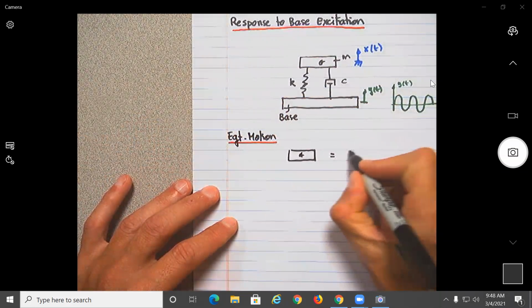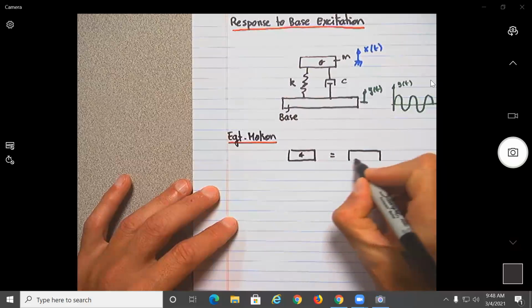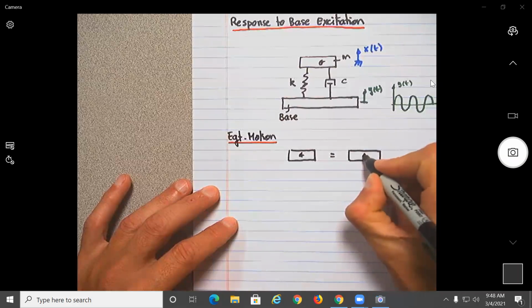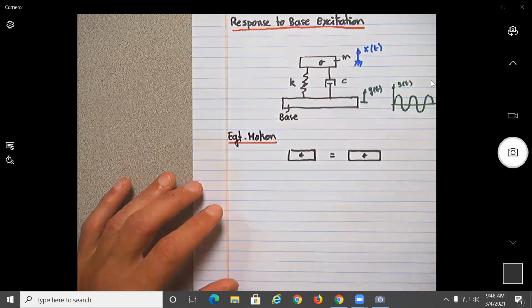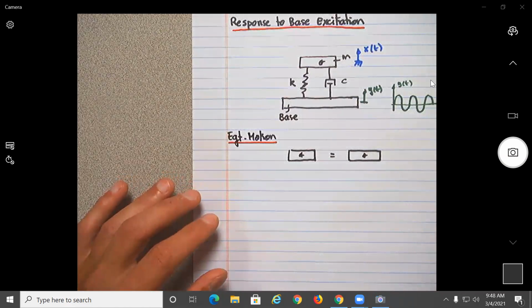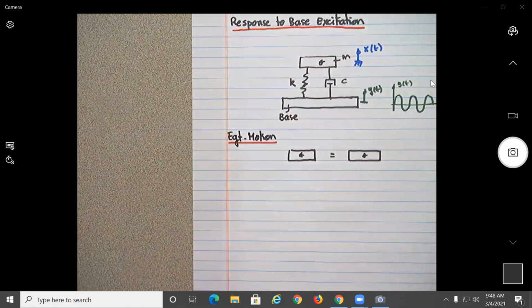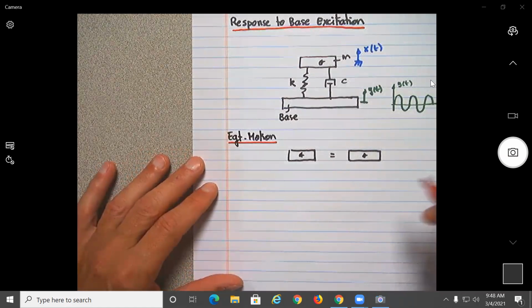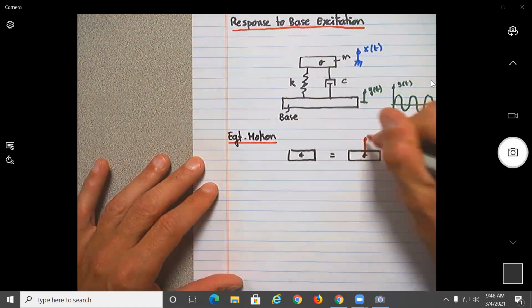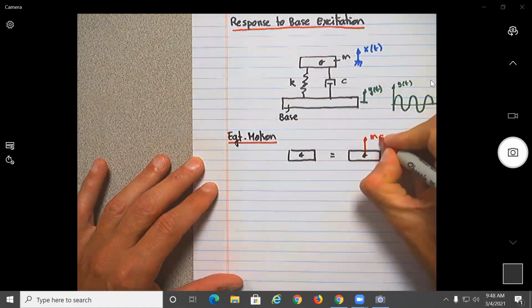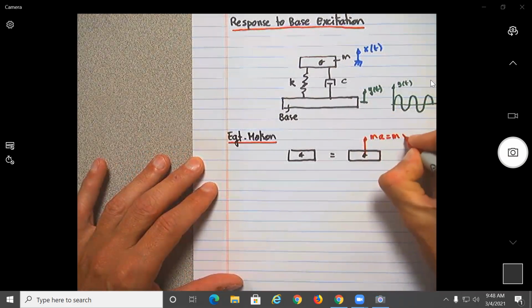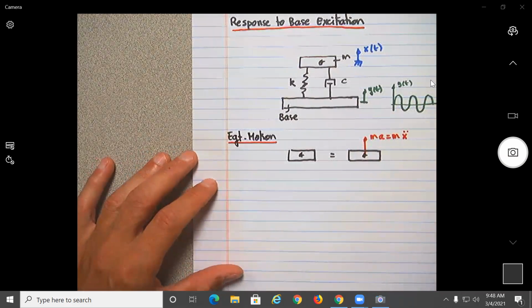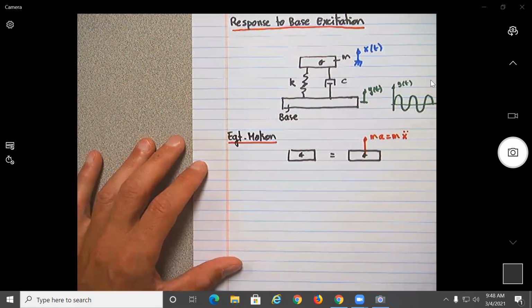So this is our mass M. Let's start with this side first. This will be MA, which is M x double dot. Now what would be the forces?